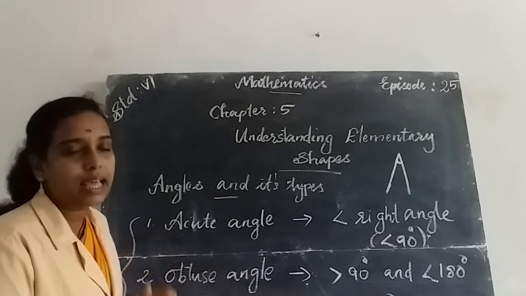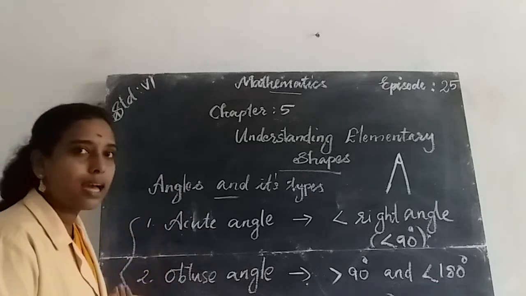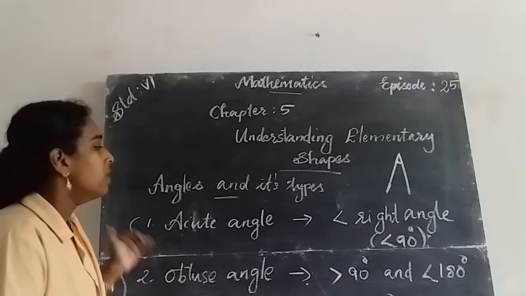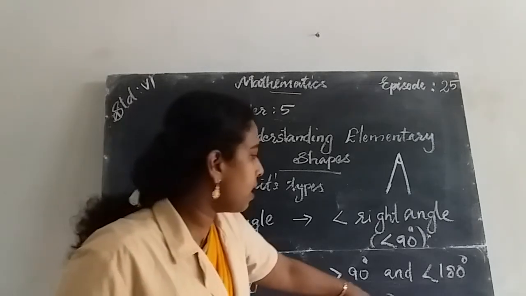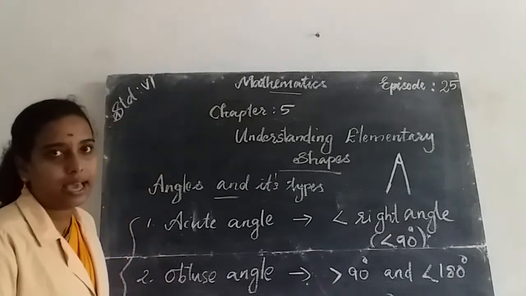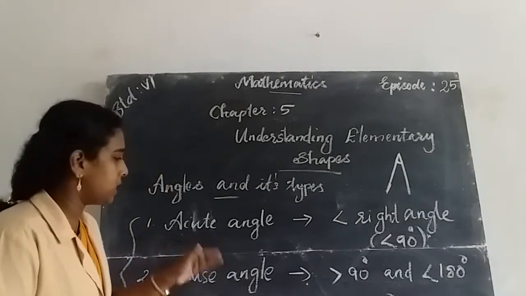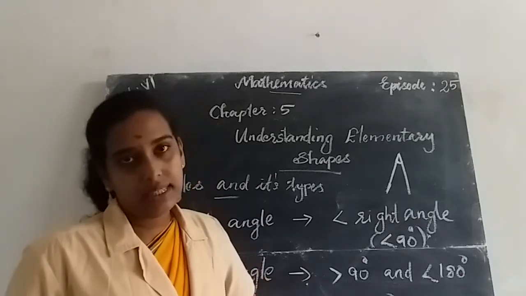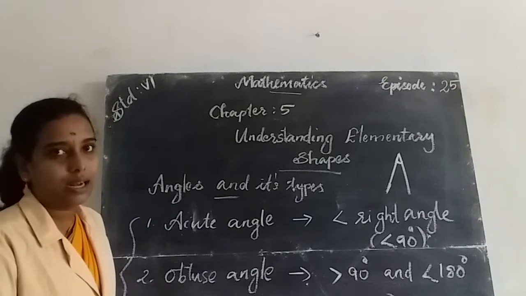Obtuse angle means the angle measures greater than 90 degree and less than 180 degree, more than a right angle and less than a straight angle. Then reflex angle means the angle measures more than 180 degree, or more than a straight angle.